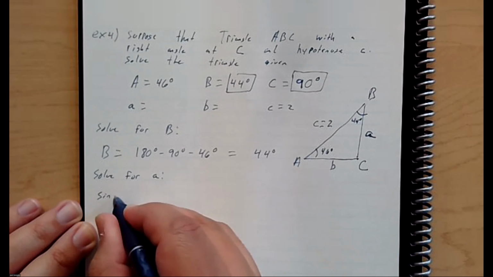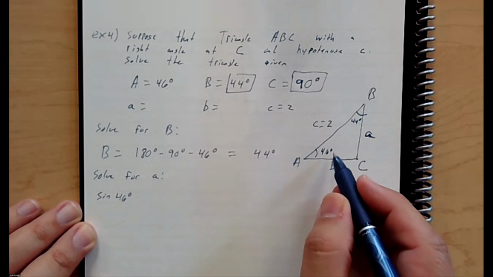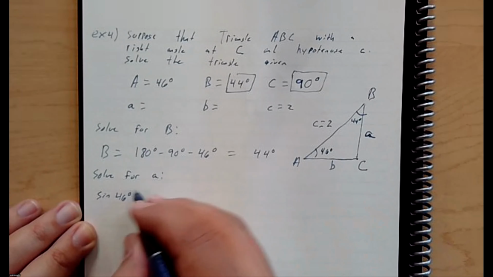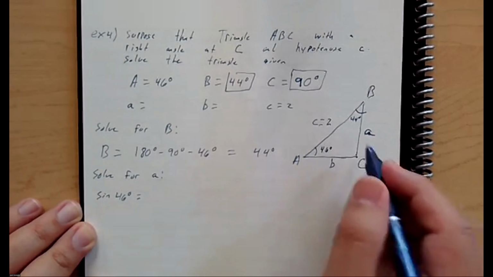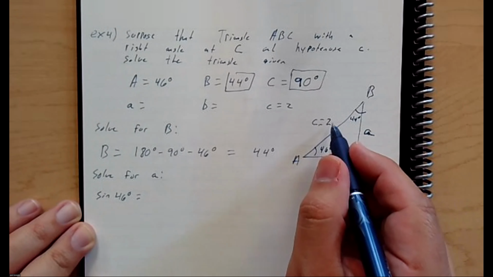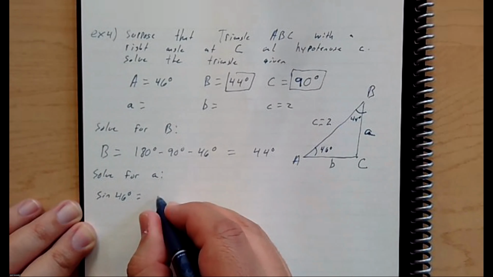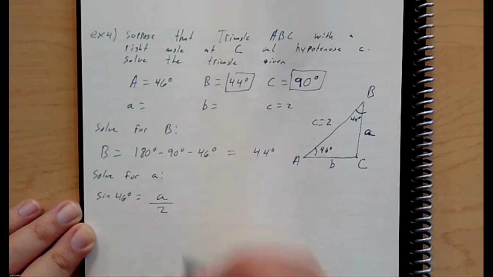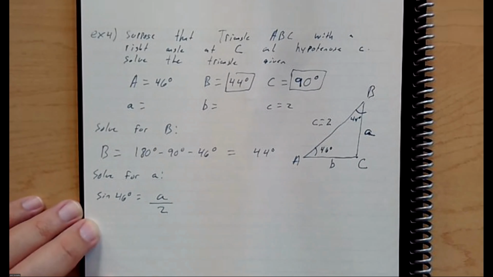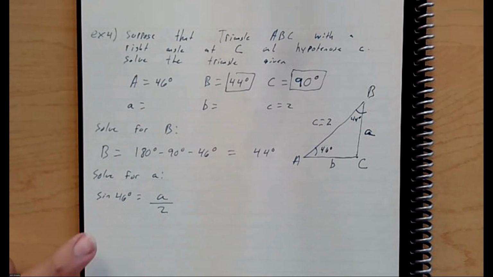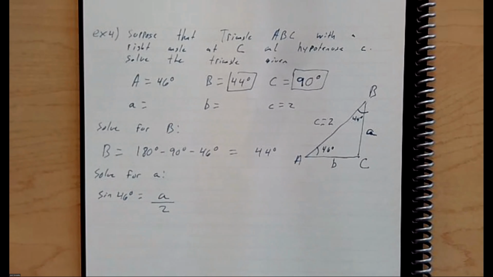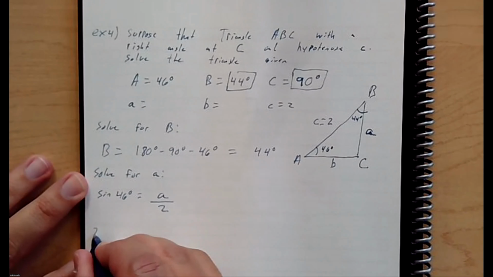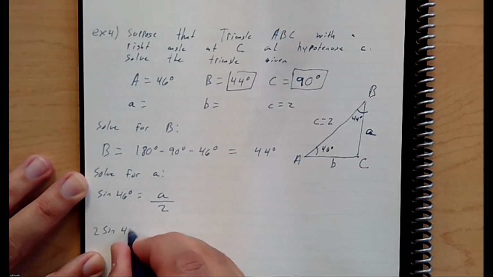So sine of 46, if I choose this angle and this trig function, would be equal to the opposite side over the hypotenuse, right? So lowercase a over 2. Just solve for a and you're good. Multiply both sides by 2 and you'll be done. Any questions so far?